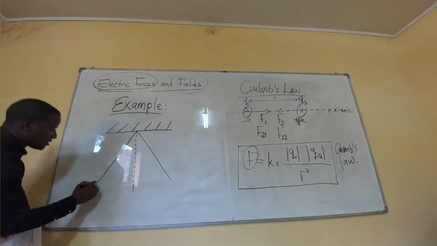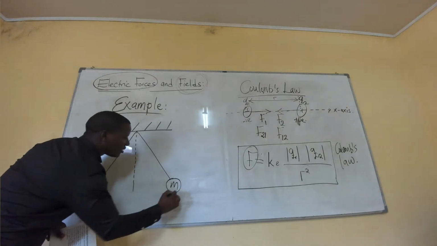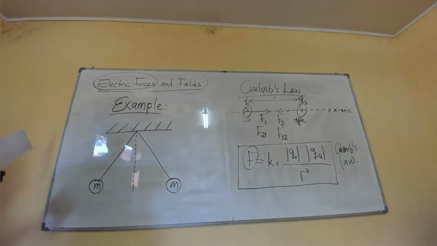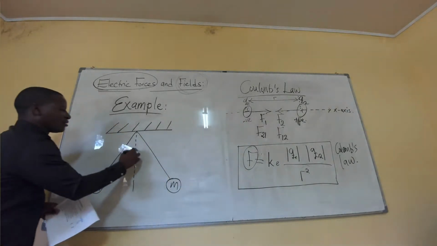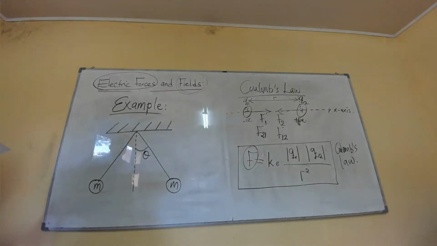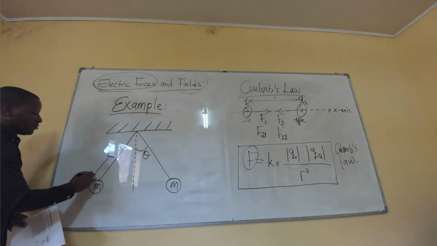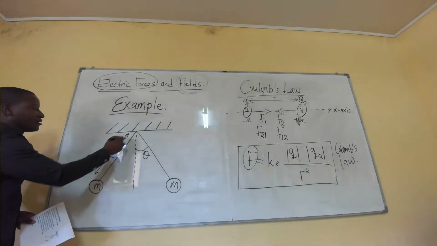What we have is that this is M, and then we have M there. Then here we have theta. Of course, this is L from there to there.